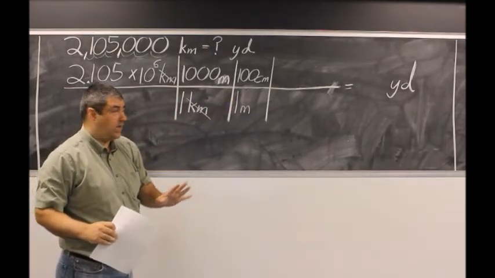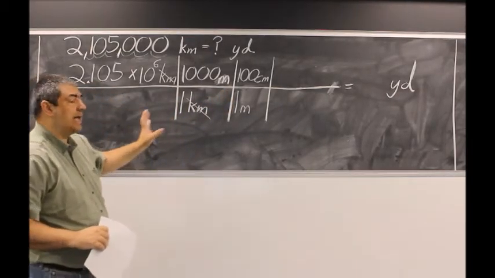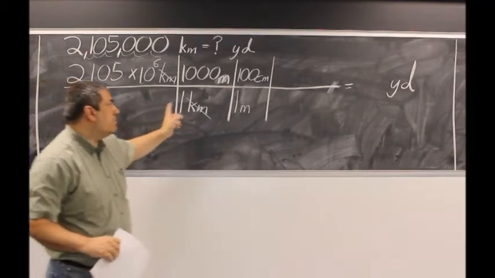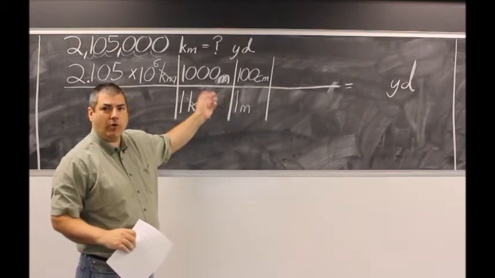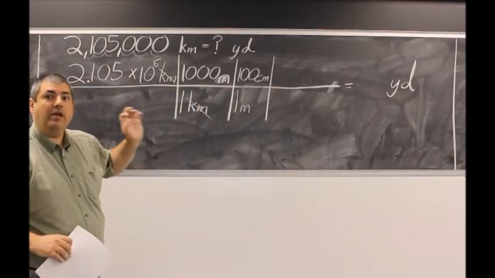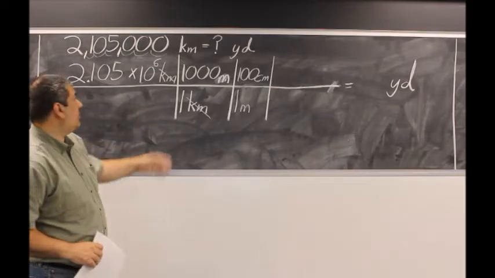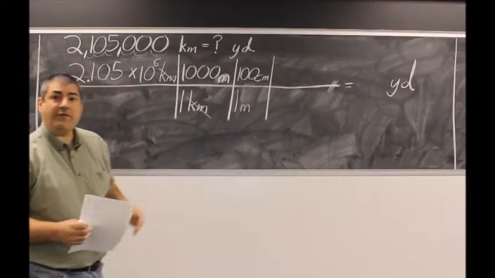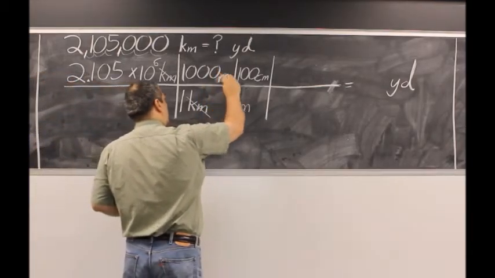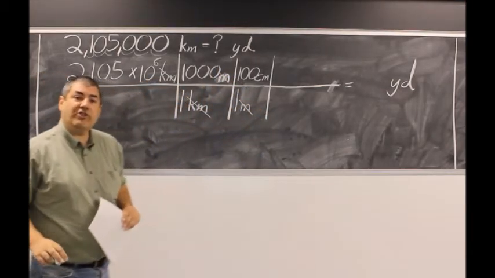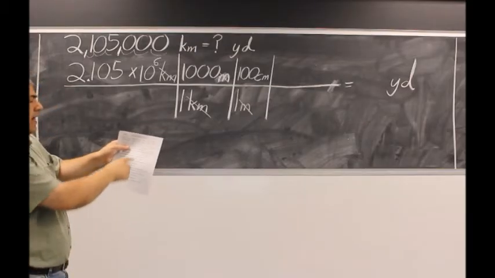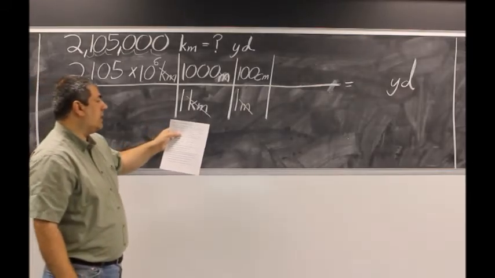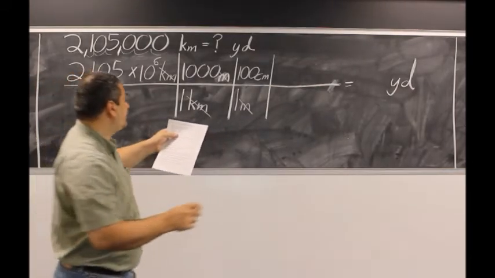You could do that, but I like to do this piecemeal. It makes it less likely that I'm going to move the decimal point over and be off by a factor of 10. So be systematic. If you're more comfortable with just saying, well, I can do it in my head of how to go from kilometers to centimeters, that's fine too. Meters cancel out, now I'm in centimeters. Okay, so now I've given you that 1 inch is equal to 2.54 centimeters exactly.